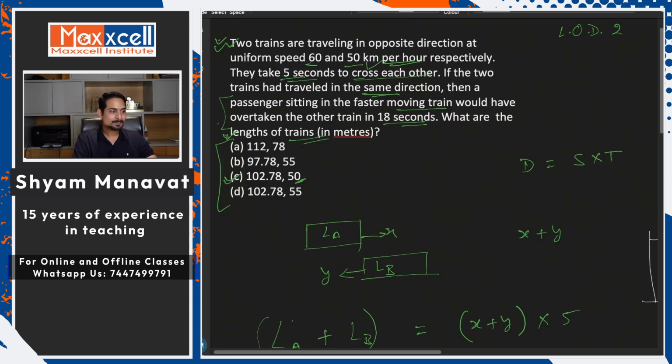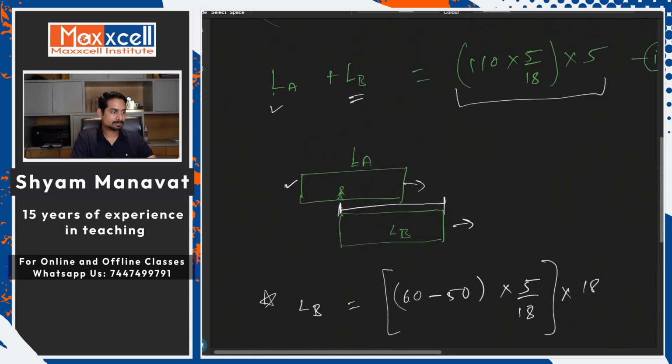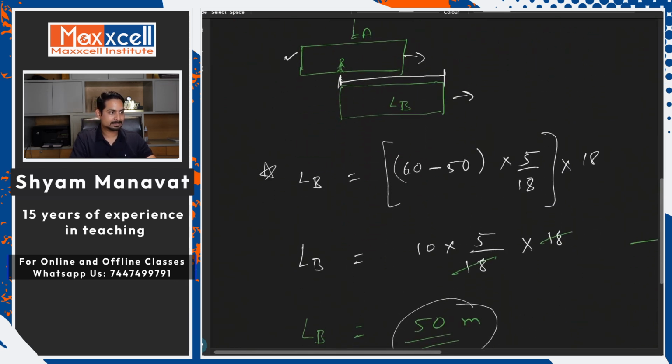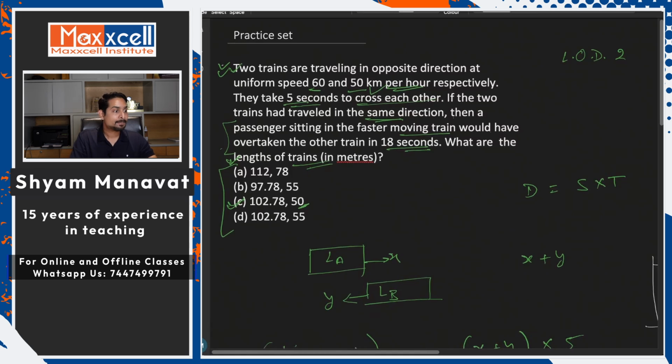I had to explain all the concepts, that's why the explanation is longer. But if you see, I did not write many steps. This is your first condition, this is your second condition, and if you look at these options, you get the answer. Imagine if more than one option had 50 as the length of the train.